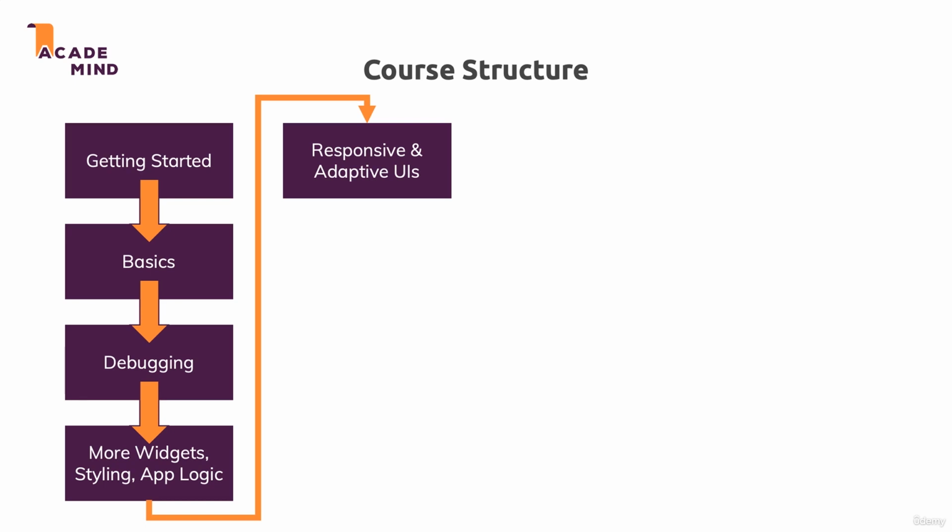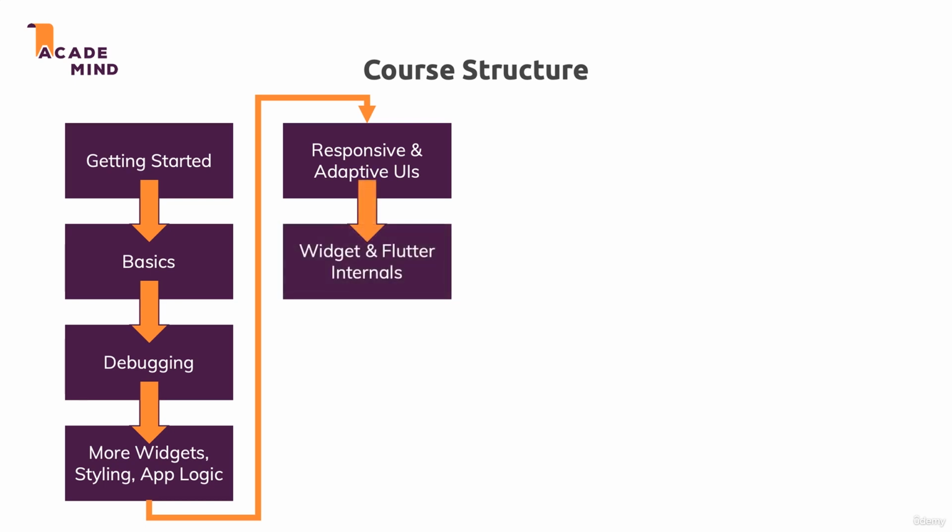After that, you'll have a solid understanding of the core foundations of Flutter, of the fundamentals if you want to call it like that. And therefore we'll then dig deeper into the internals. We'll have a look at how Flutter and its widgets work internally, how the app is re-rendered when something changes, and how you can optimize your code to improve the performance and improve how your app works.